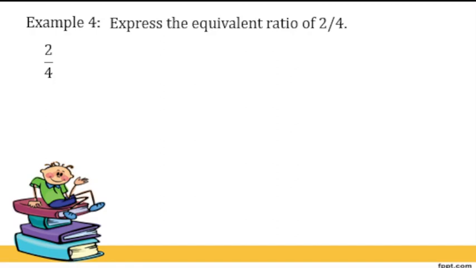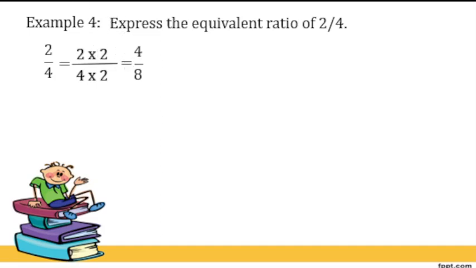If you multiply the numerator in the fraction by 2, you have to multiply also the denominator 4 by 2. So that will become 2 times 2 over 4 times 2, and that will become 4 over 8.